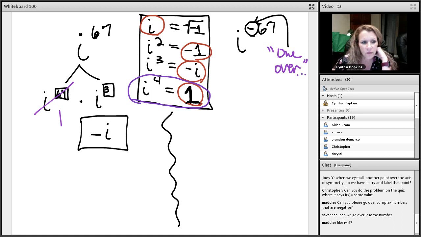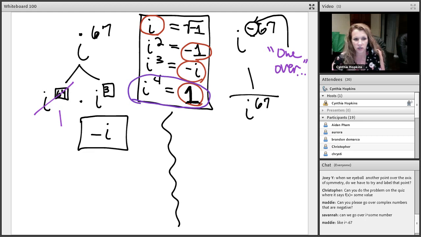All right, so the negative exponent means 1 over, and then what I'm left with is i to the 67th. So this is a whole different situation. Now I have i to the 67th in the denominator. I'm not going to simplify that denominator the same way that I just did.